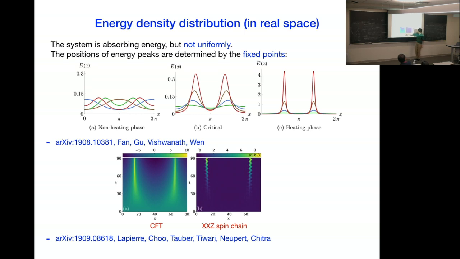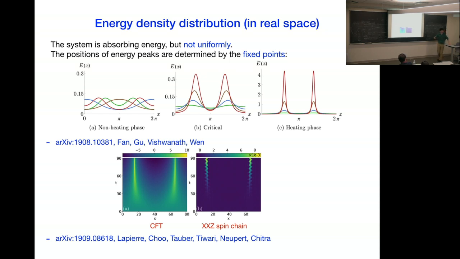They found, indeed, as you drive the system, there are two energy peaks formed in the system. This one is a numerical simulation based on some XXZ model. Indeed, we observe the formation of two energy peaks. Is it 2 peaks because you're driving with a sine? Yeah, because we're driving with a sine. The periodicity of the sine determines the position?